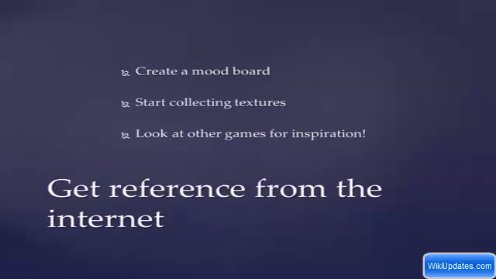Then you might want to get reference from the internet, so you could start a mood board, start collecting textures, and look at other games for inspiration. Now, I saw somebody who was doing some zombie AI within Unity, and they had a similar VR texture layout that I was looking at, and I thought, yeah, that'd be a really cool idea. So a lot of games these days, they take reference from other games.